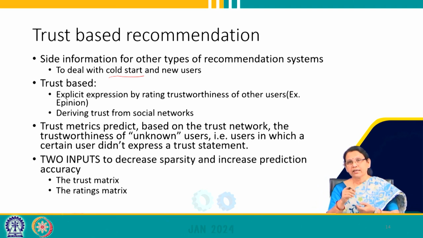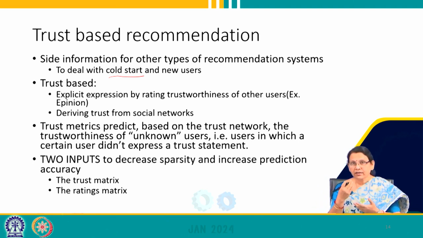Based on that, you can make some arrangement to find out the trust between this new user and other users. Once this trust comes into place, based on the other users whom this user trusts, you can make some kind of arrangement to give recommendation to a cold start user.